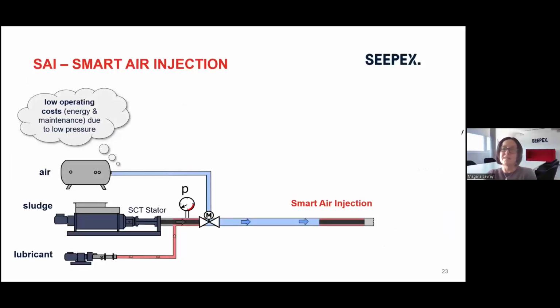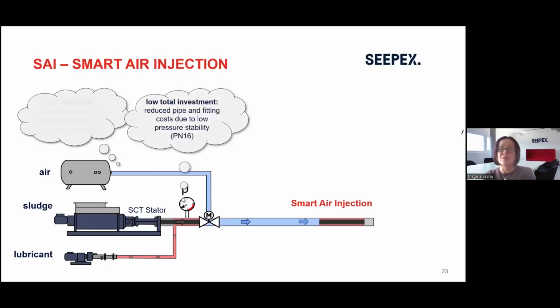So that means low capex, low rated pressure pump. That means low operating cost on energy and maintenance. We normally observe 60 to 80% of reduction, whether on energy or on maintenance cost compared with piston pumps, for example.